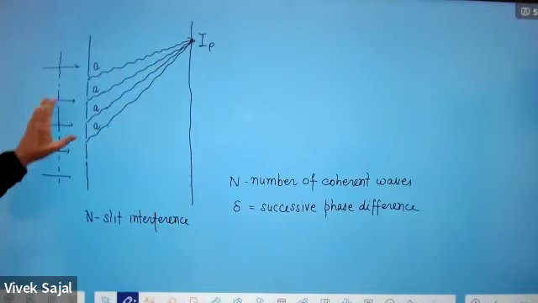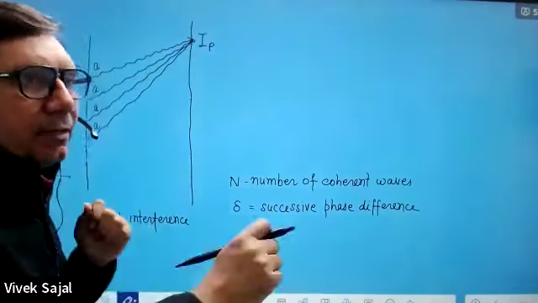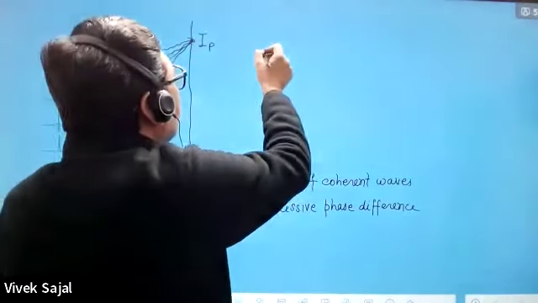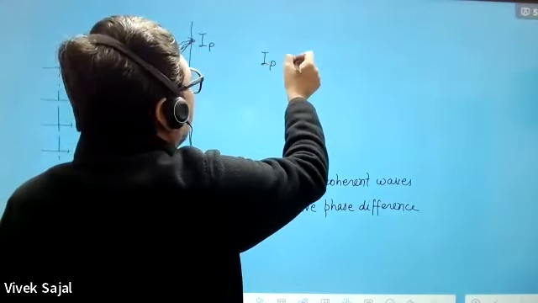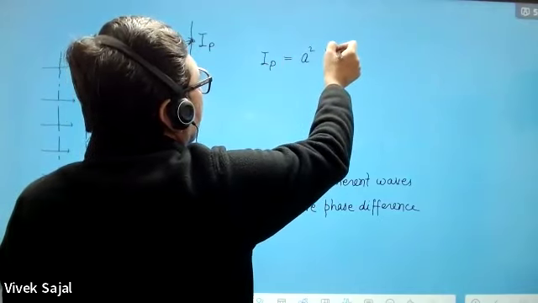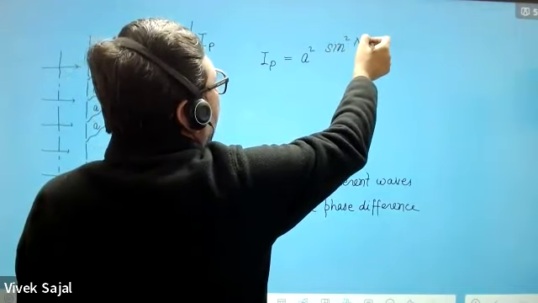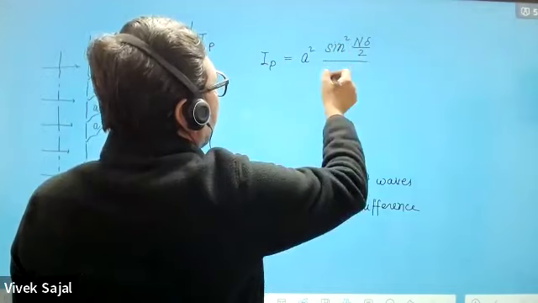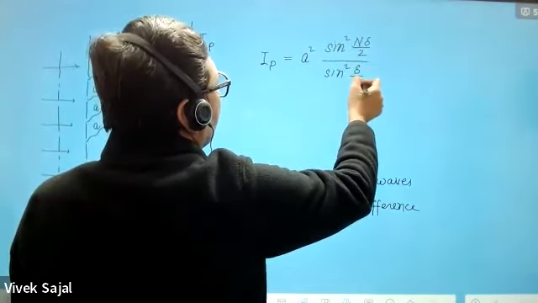If n number of waves are superposing here, interfering here, then as a result of this interference, what will be the intensity here? IP will be sin square n delta by 2 divided by sin square delta by 2.